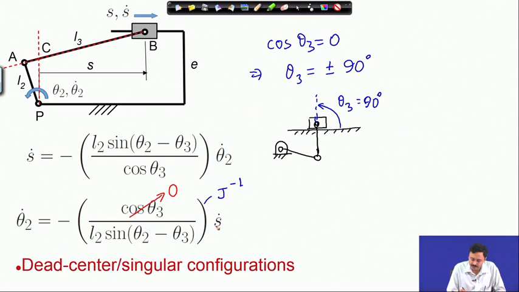So, therefore, irrespective of the value of S dot, theta 2 dot goes to 0.